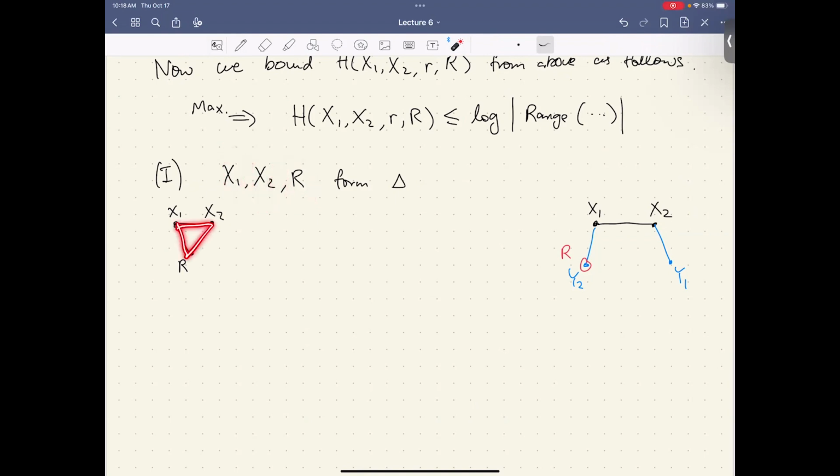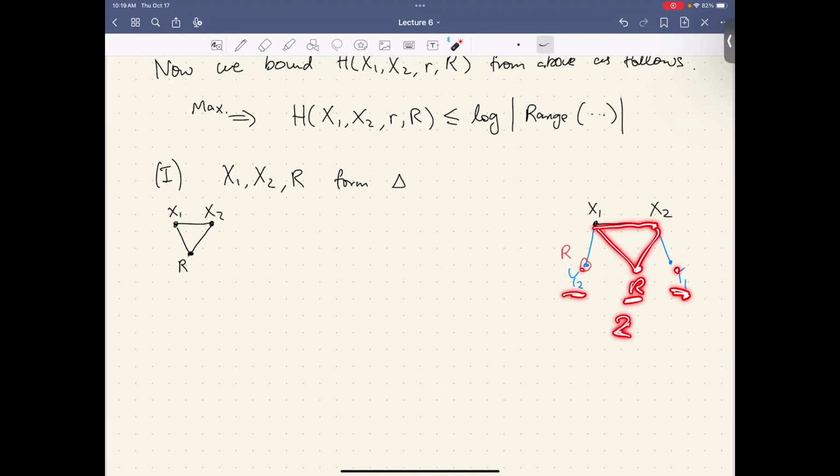Now they form a triangle. If this is the case, we don't know if r is the resample of x2 or r is the resample of x1 conditional on x2, because this r could be both y1 or y2. So in this case, the choice of r is 2.